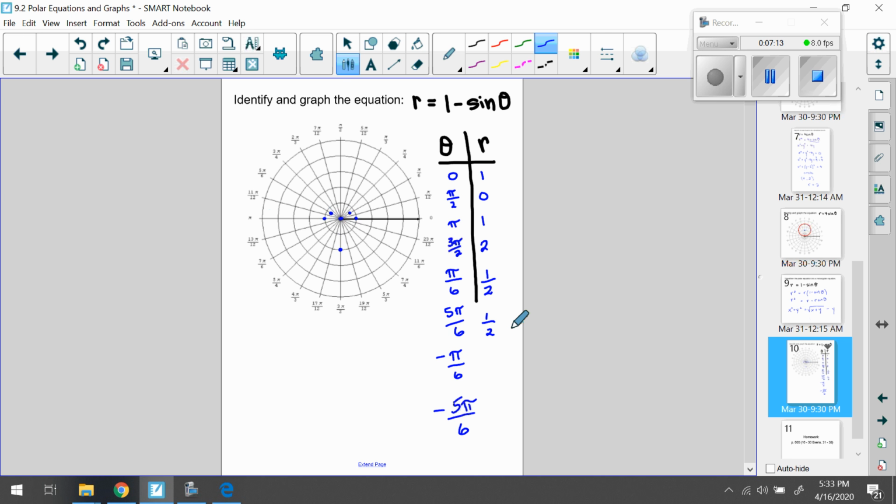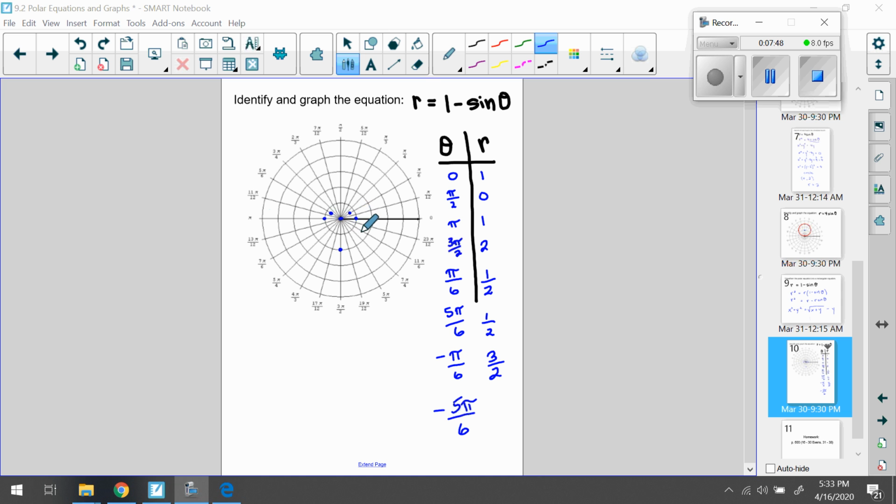So negative pi over 6, that's going to be negative 1/2 for sine. So 1 minus negative 1/2 will be 3/2 or 1.5. And if I were to graph that one, negative pi over 6, so I'm going to go backwards to 11 pi over 6, or what negative pi over 6 would be, and I'm going to travel a distance of 1.5 units.